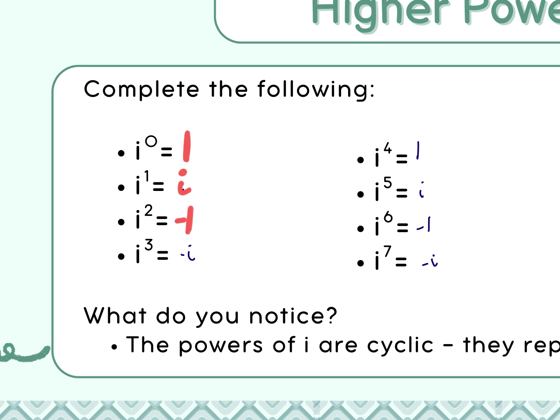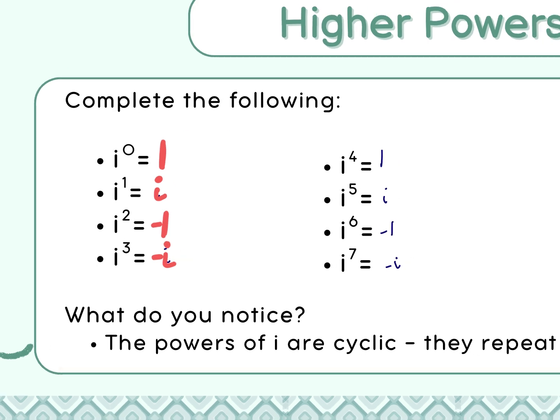So in our little pattern, anything to the 0 power is 1. i to the first power is just i. i squared is -1. So i to the third power, you need to memorize, is -i. That's the only thing that you need to memorize. Everything else we know.